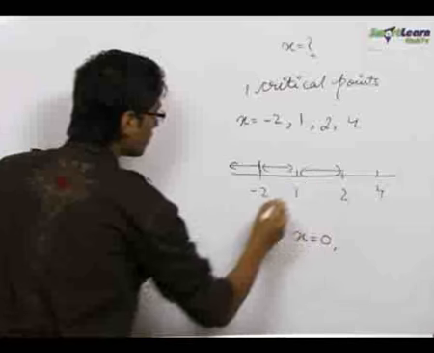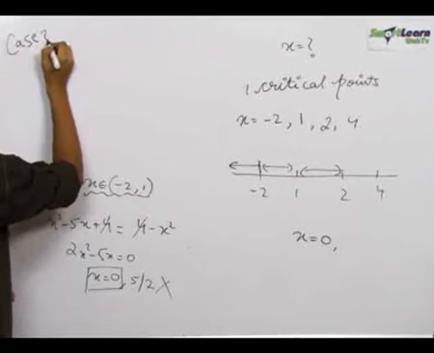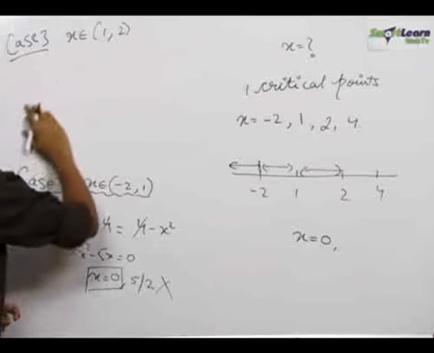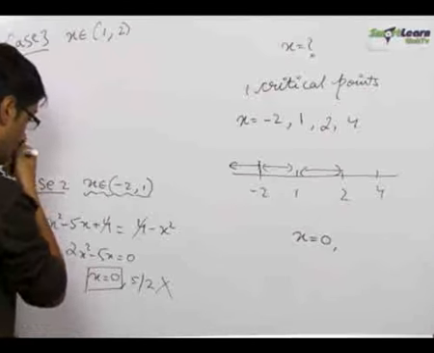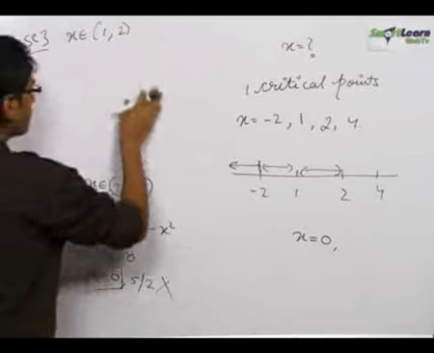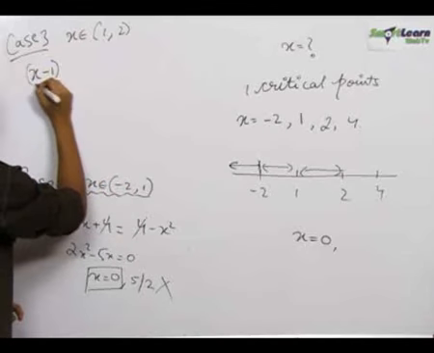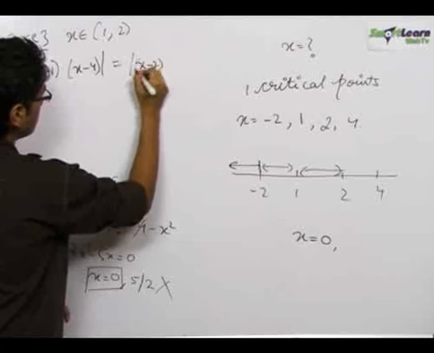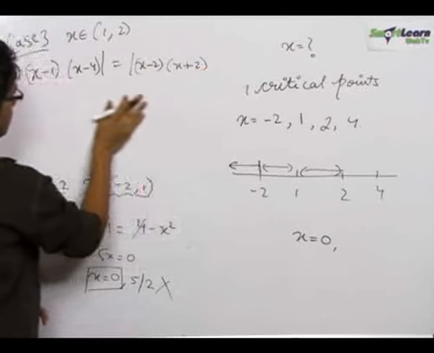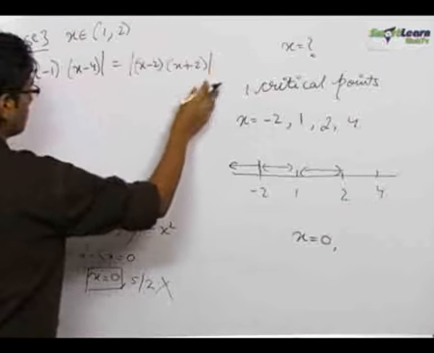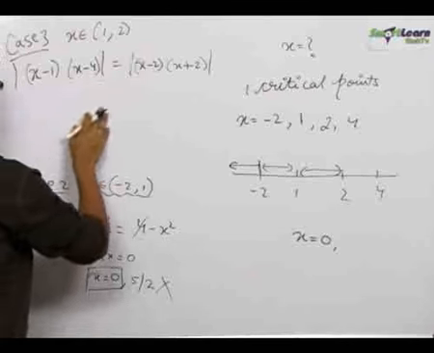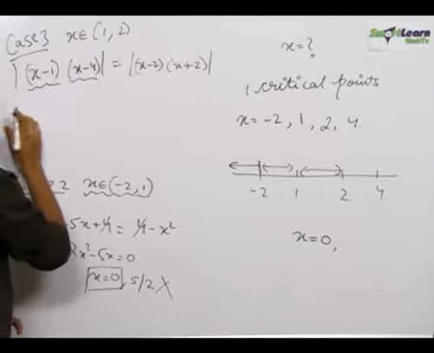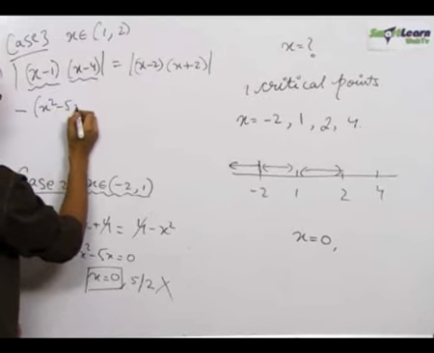Our third range is x belonging to 1 to 2. Now in x belonging to 1 to 2, we again write the equation. This is positive, this is negative, so this will open as minus of x square minus 5x plus 4.